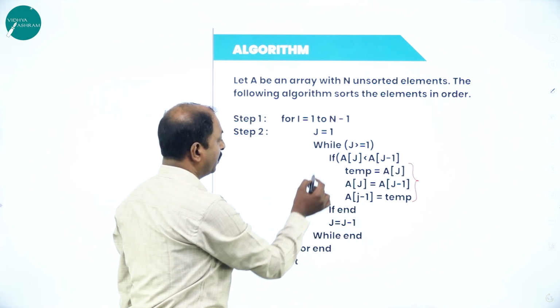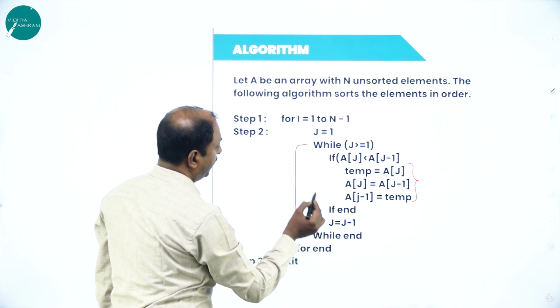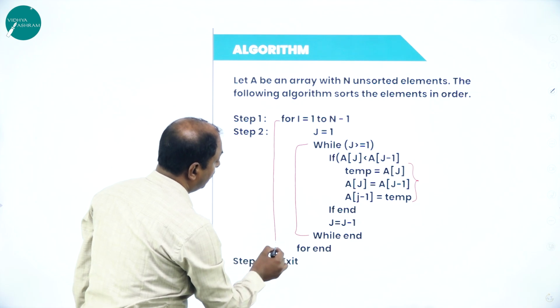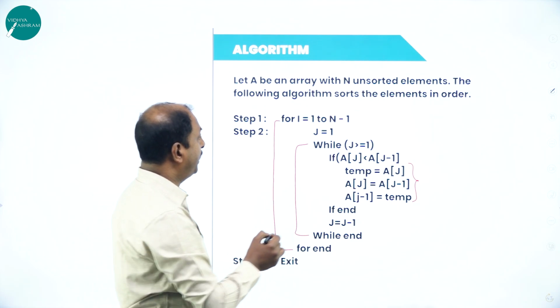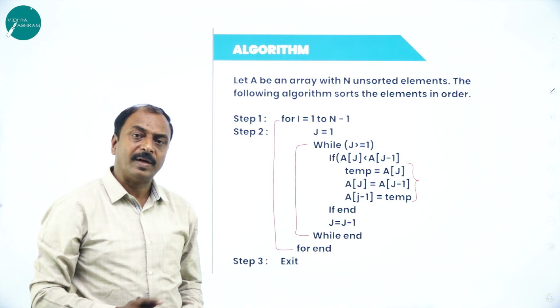And here we are closing the while loop. This is the end of the while loop and this is the end of the for loop. And here these are the steps where we have to swap the values.